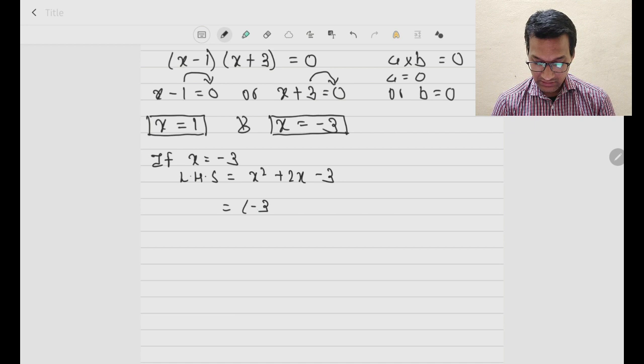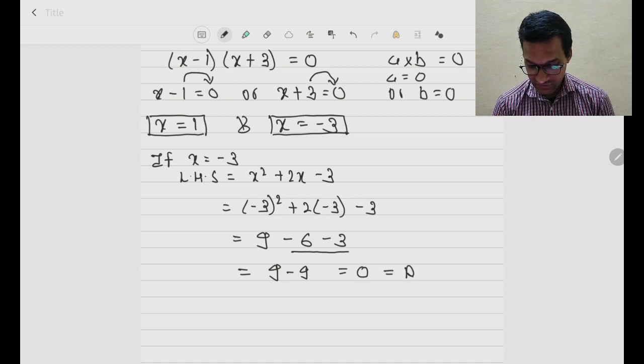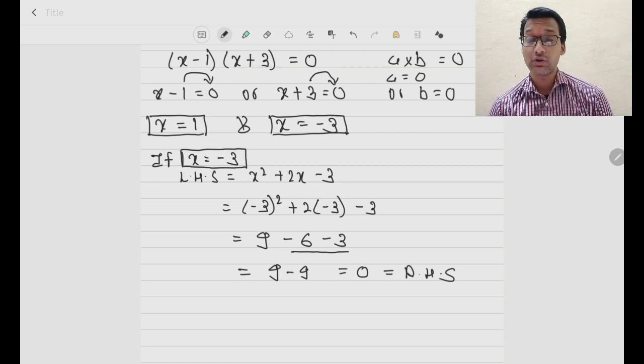So minus 3 bracket square plus 2 into minus 3, minus 3. We get minus 3 square 9, 2 into 3 is minus 6, minus 3. So 9 minus 6 minus 3 gives 0, which is equal to RHS. Therefore, x is equal to minus 3 is also a root or solution of the quadratic equation.